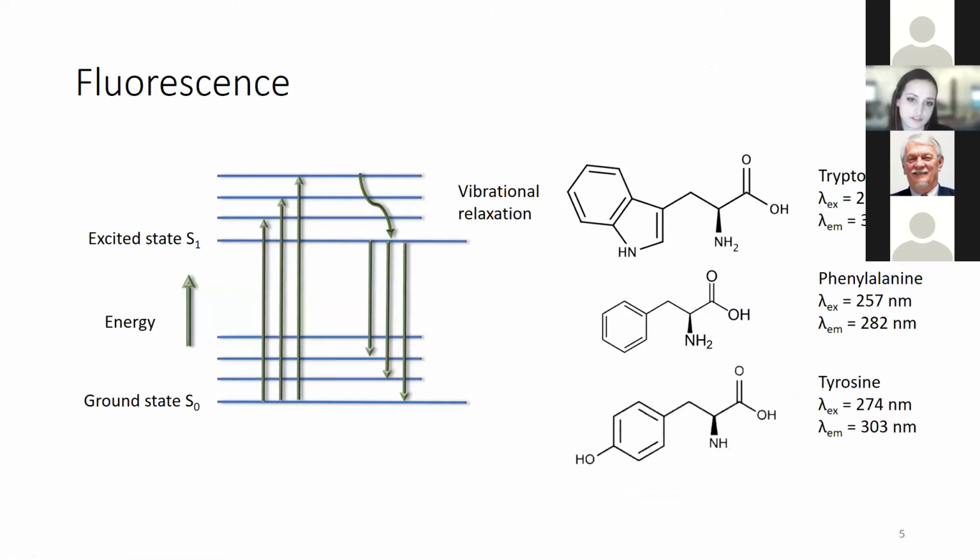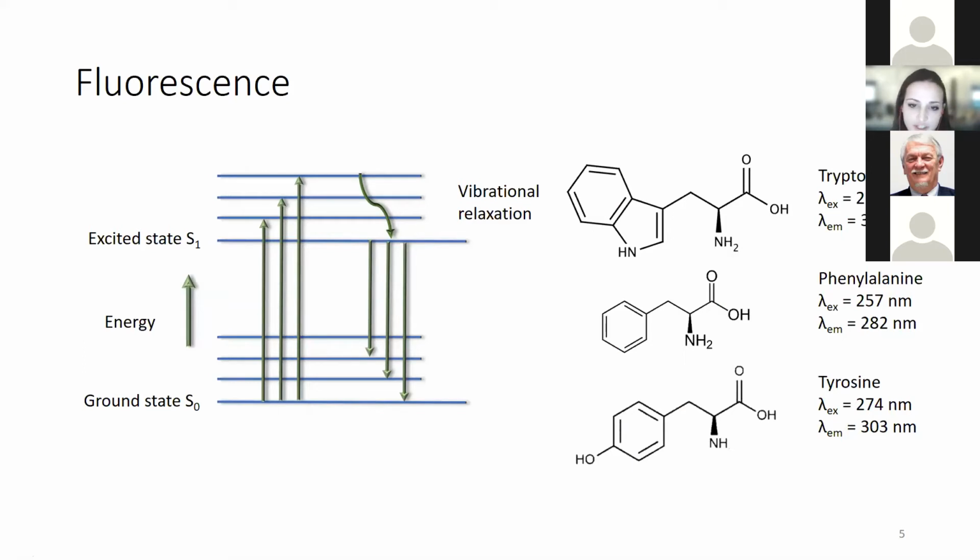The theoretical background of fluorescence is that when a molecule is excited from the ground to the excited state, it absorbs energy, which it loses in the excited state through vibrational relaxation, and it goes back to the ground state, emitting a photon of light, which is lower energy but higher wavelength. It is important that in proteins, the fluorescence comes from aromatic amino acids, and the highest contribution to this fluorescence comes from tryptophan.